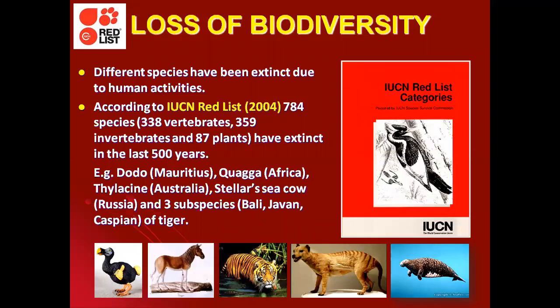Like dodo from Mauritius, quagga from Africa, thylacine from Australia, Steller's sea cow from Russia, and three subspecies of tiger, Bali, Javan, Caspian, have become extinct here.